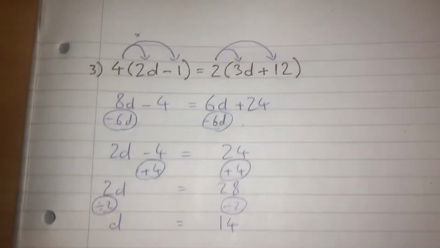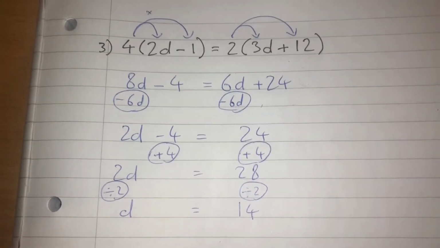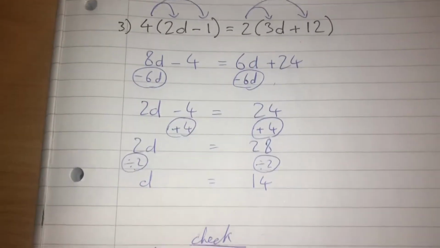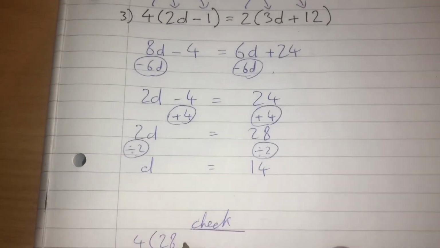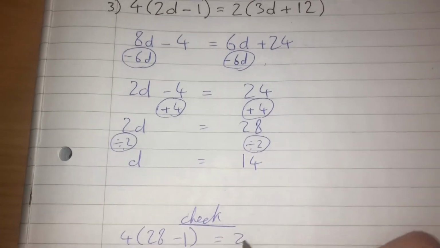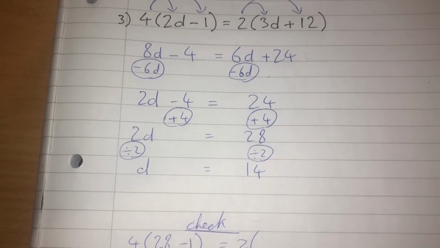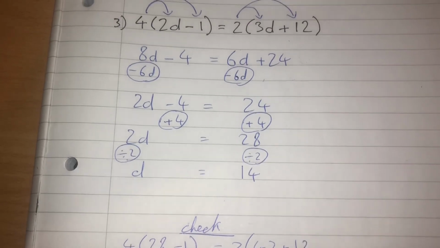And again, I can check my answer by substituting in. It can be a wee bit of an arduous task, but straightforward enough. So we've got 4 times (2d minus 1), 2 times 14, which is 28. Take away 1, should equal 2 times (3d plus 12), so 3 times 14, 42, plus 12.